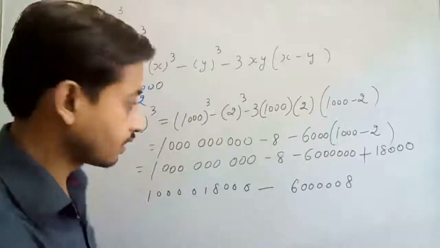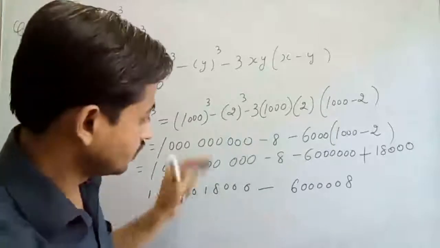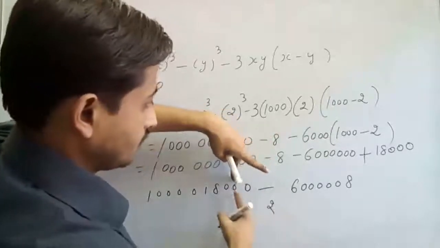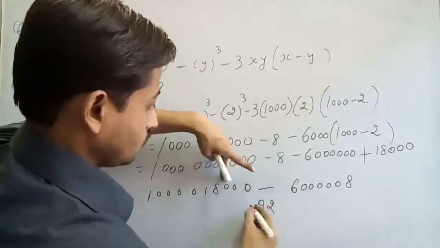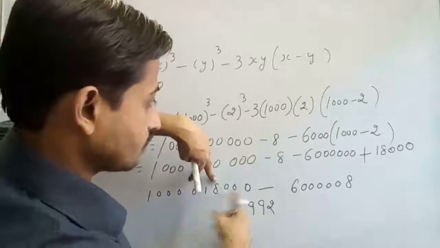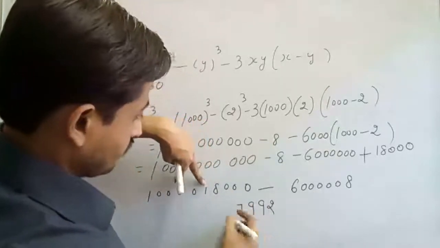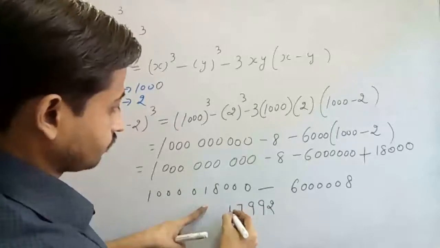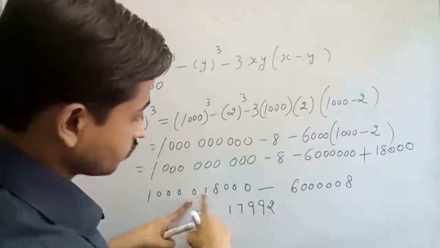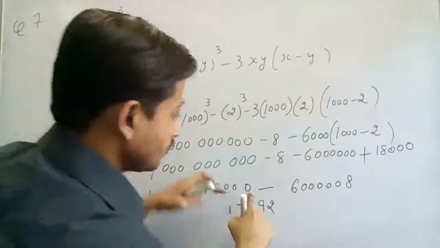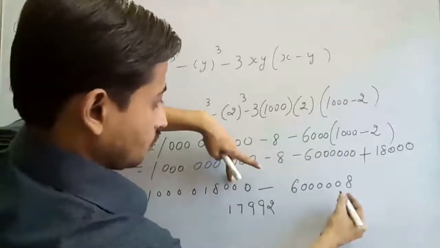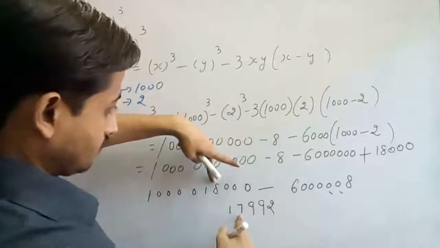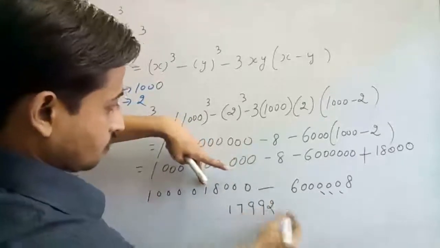Now what we have to do? Subtract. Now subtract directly and try to check the answer. 10 minus 8 we get 2. 9 minus 0 is 9. 9 minus 0 is 9. 8 minus 7, 7 minus 0 is 7. 1 minus 0 is 1.